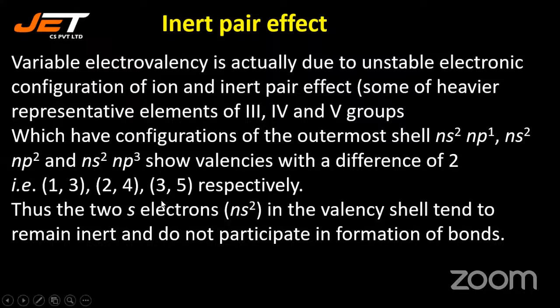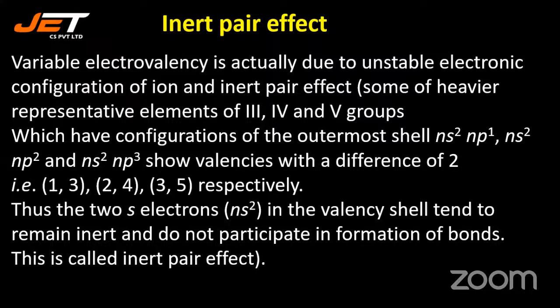Two s electrons in the outermost orbital remain inert, meaning they will neither be lost nor gained. So they don't participate in the formation of bonds. This is referred to as the inert pair effect. The inert pair effect causes the unstable electronic configuration, which ultimately results in variable electrovalency. So ultimately valences will be like 1, 3, 2, 4, 3, 5, and so on.